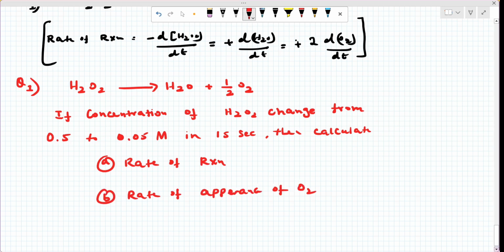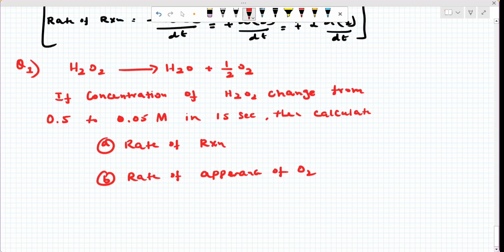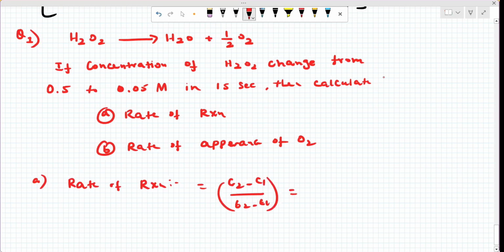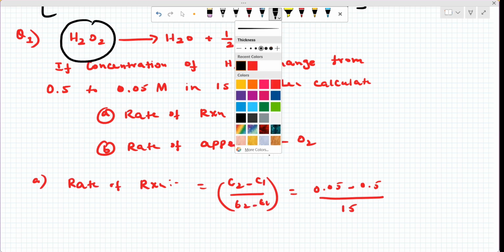First one: what is the rate of reaction? What is the normal rate of reaction formula? C2 minus C1 by dt. C1 is 0.5, C2 is 0.05, time is 15 seconds. For the reactant you have to put a minus sign.